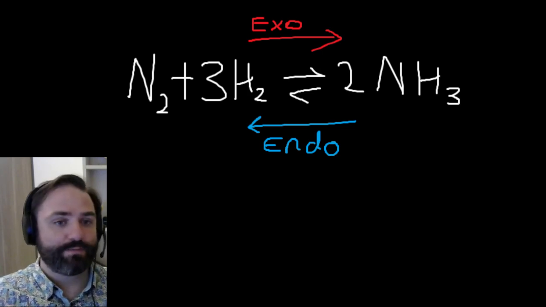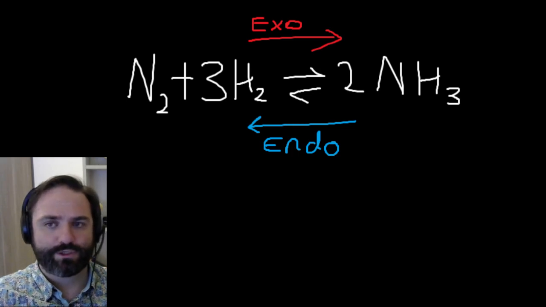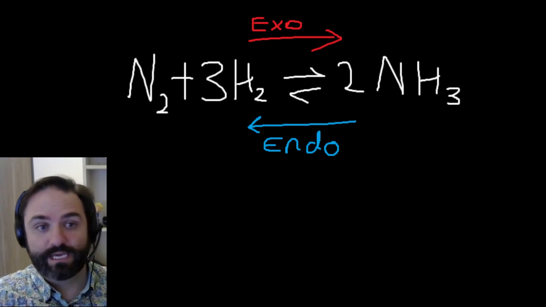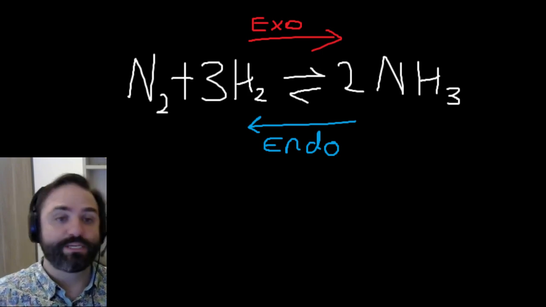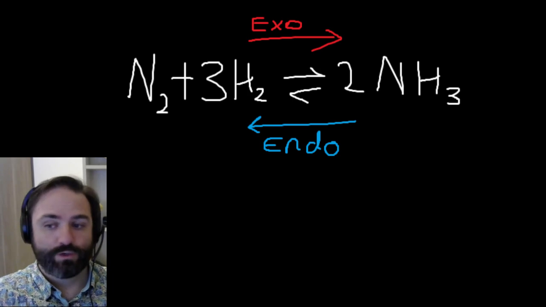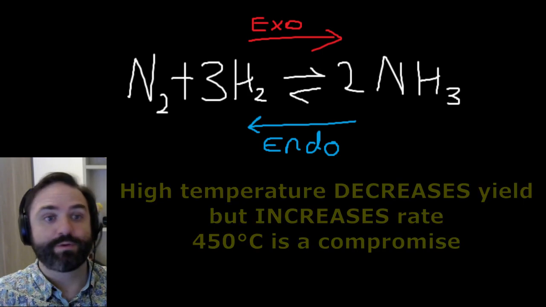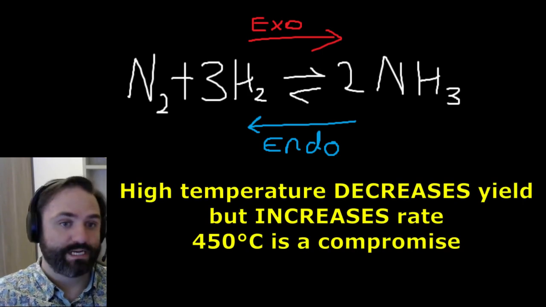So increasing the temperature decreases the yield. So why is 450 degrees Celsius chosen? Well, if we had a very low temperature, we would increase the yield, but it would be too slow. So 450 degrees Celsius is a compromise between the yield and the rate.